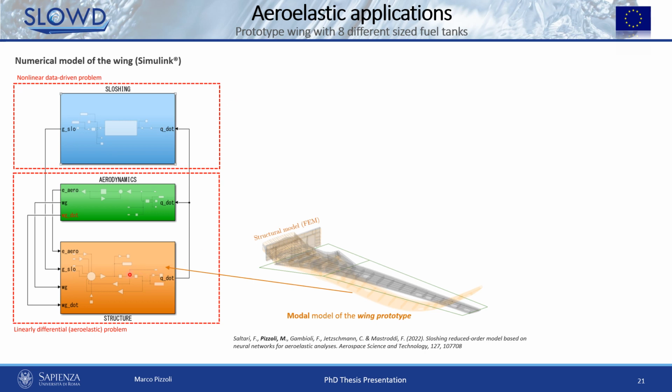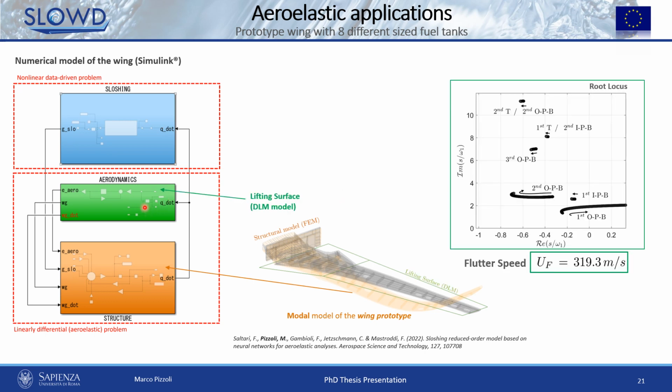And specifically, this block represents the modal formulation of the structural dynamics based on the finite element model of the wing, here represented, while this block implements the unsteady aerodynamics model with the DLM, so the doublet lattice method.